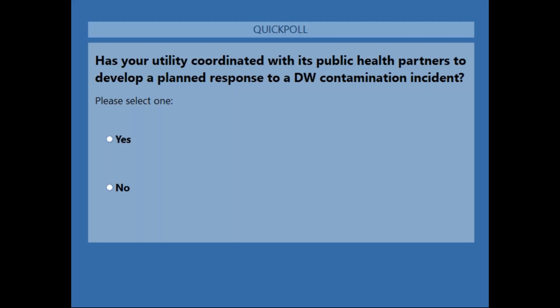And I would offer that minimally this involves exchanging contact information, ideally 24/7 contact information, and conditions or circumstances under which each entity is going to notify the other about a possible water quality problem, or a public health signal that could implicate contaminated drinking water.